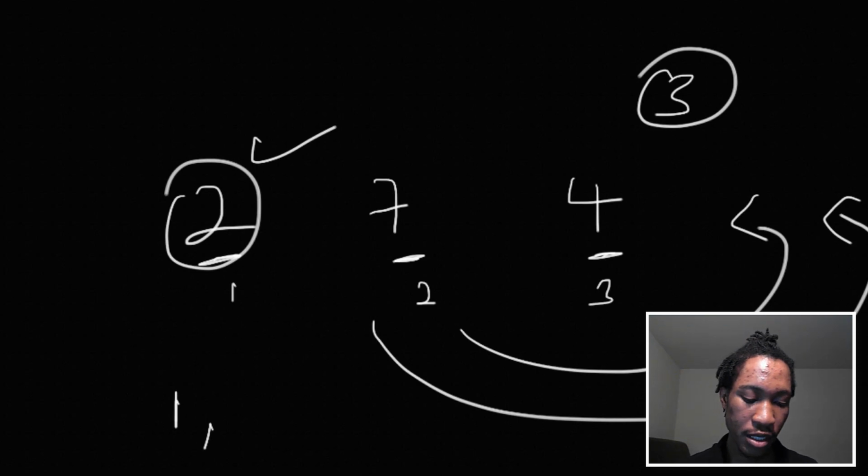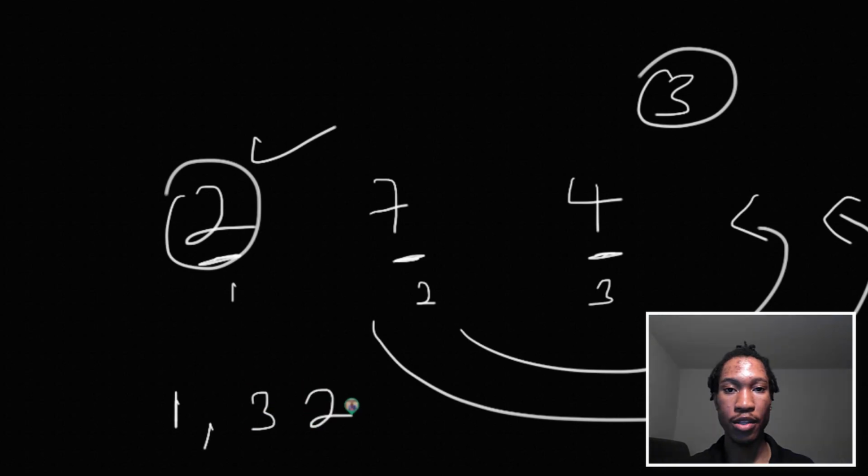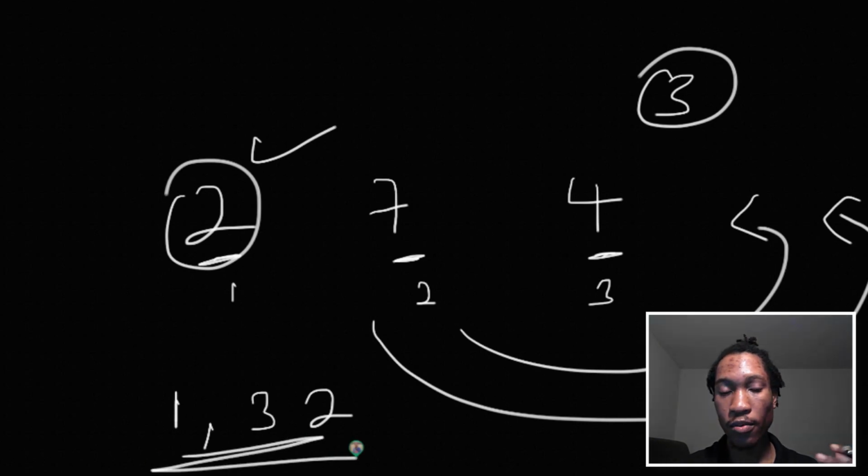So the answer for this is going to be person 1, person 3, and person 2. That's the order in which the people leave the queue, and this is what you should return.